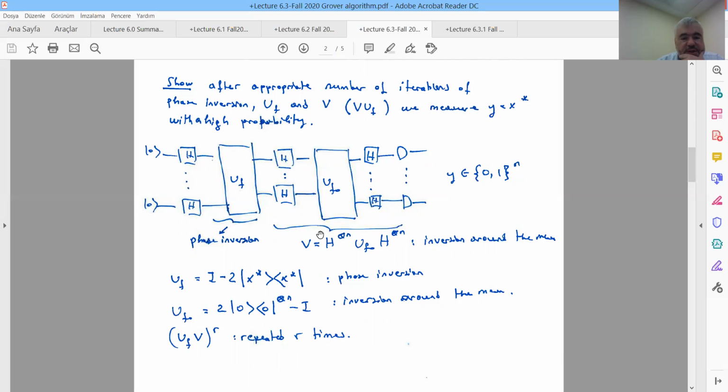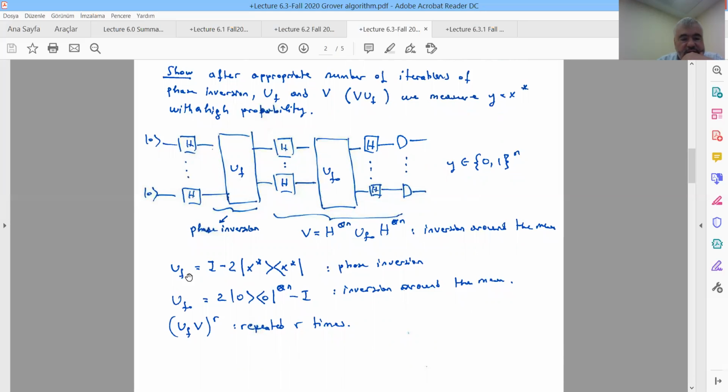We are claiming that if we apply this circuit R times repetitively to this ket zero tensor n input state, in the output, when we do the measurement, we obtain the ket x star state that we are looking for. So this part was phase inversion, and this part was V equals H tensor n, U sub F0, H tensor n, the inversion around the mean primitive.